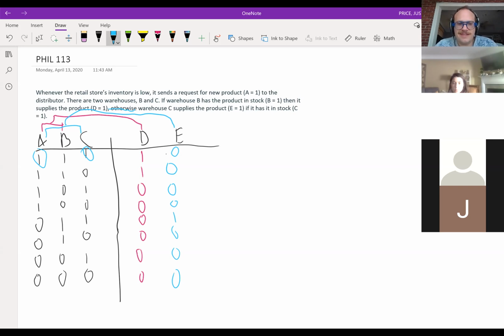Yes, Reese. Why wouldn't the third line on E be a 1 instead of the fifth line? Because the fifth line, there's no signal from the warehouse. Oh, you're right. No, I looked at this backwards. Okay.